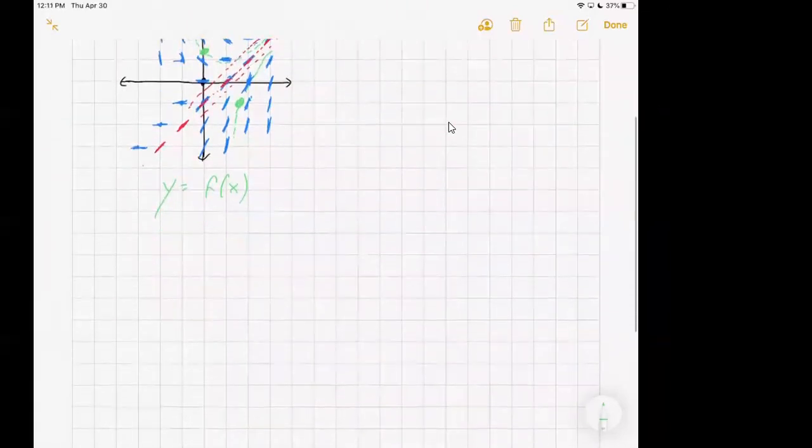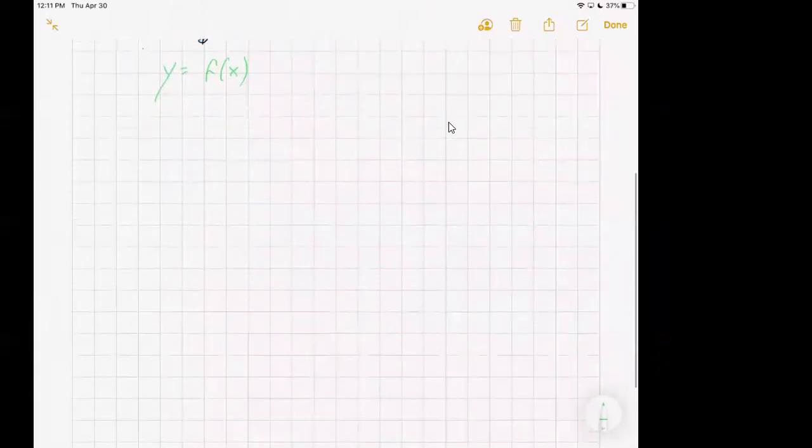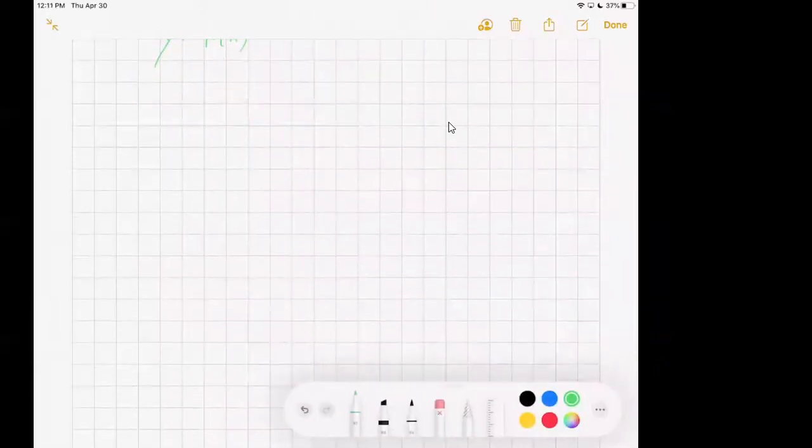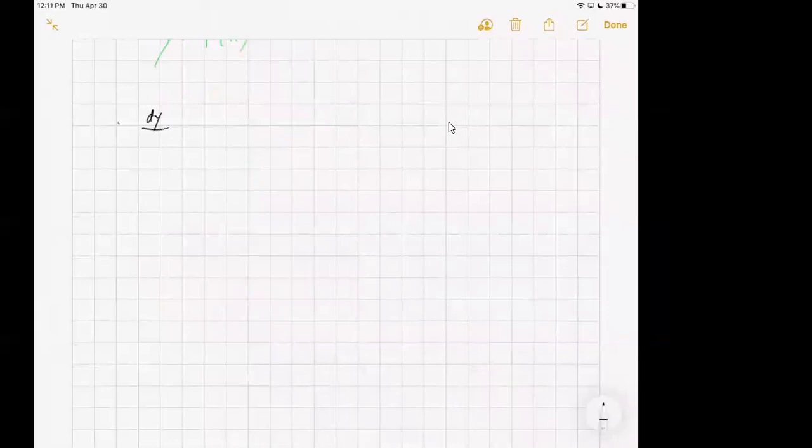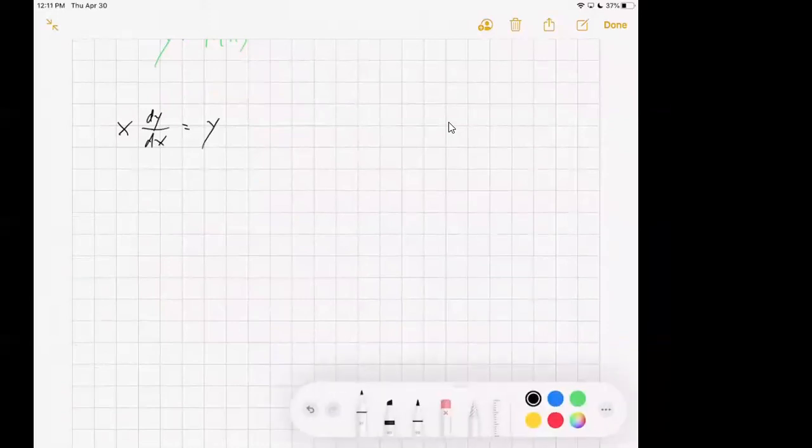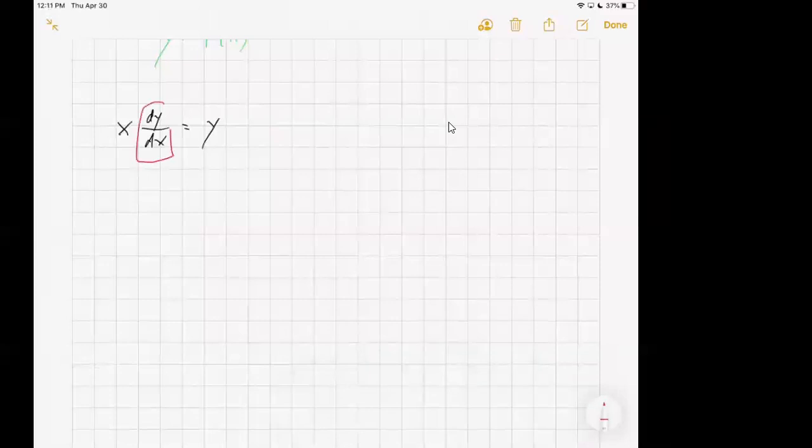Let's look at one more by hand and talk about the trends of this one as well. Let's look at x times dy dx is equal to y. Well, we can't sketch the slope field until we solve for dy dx.